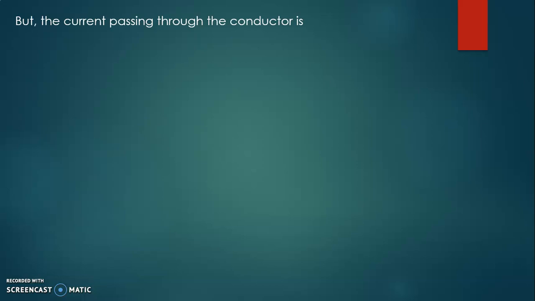But the current passing through a conductor is I is equal to N e A V suffix D, which we have already seen. N is the charge carrier density, A is the cross section area, and V suffix D is the drift velocity. So from this, taking N e A to this side, the drift velocity is V suffix D is equal to I upon N e A.